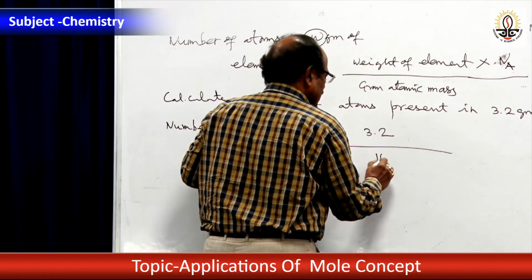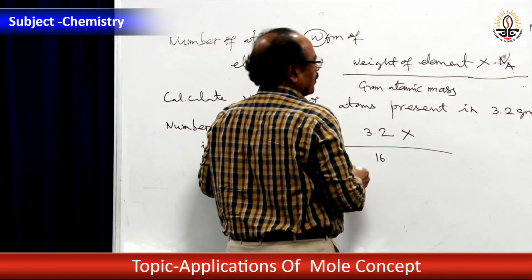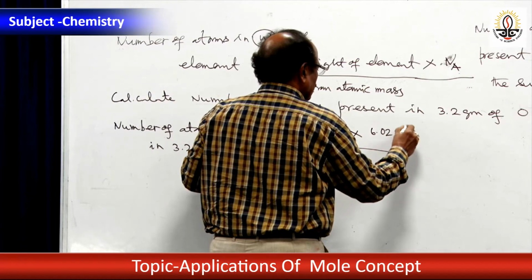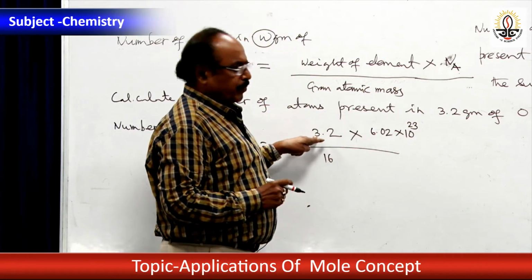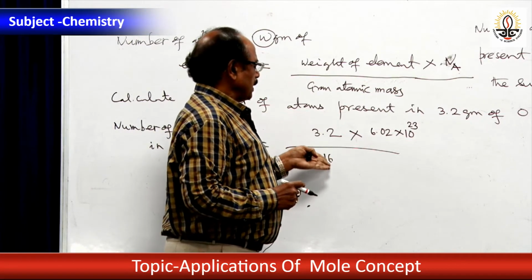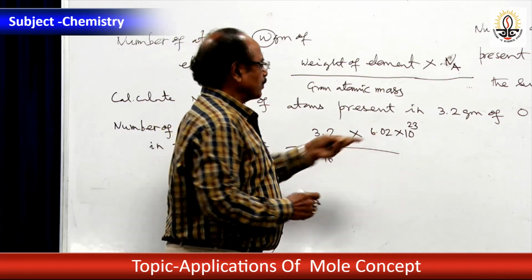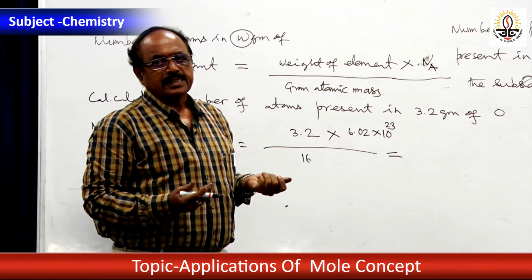Atomic mass is 16, and the Avogadro number is 6.02 into 10 to power 23. If you calculate, that will be the number of atoms present in this.